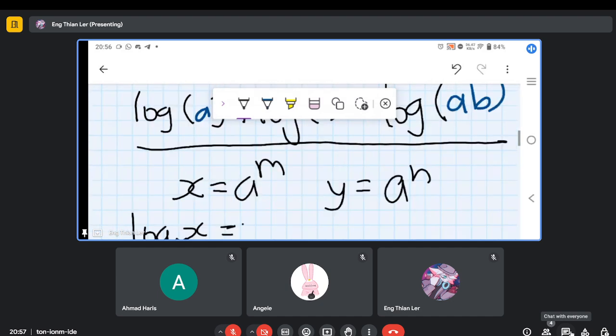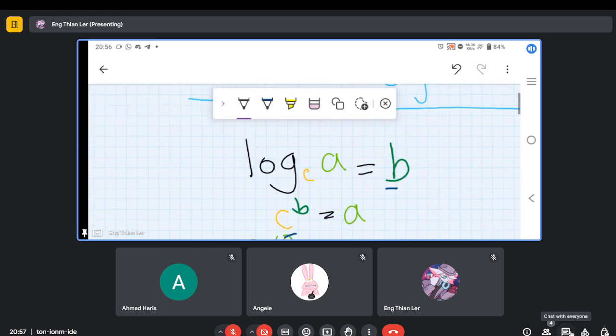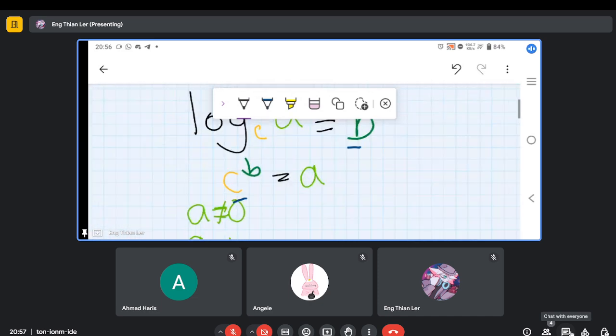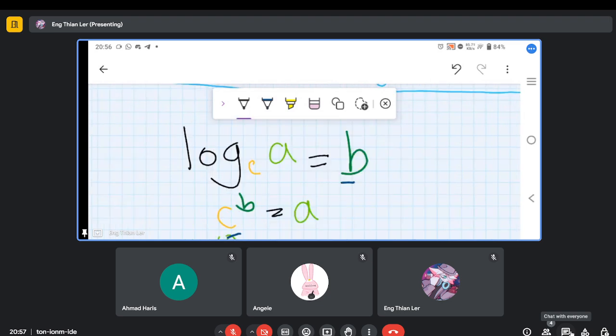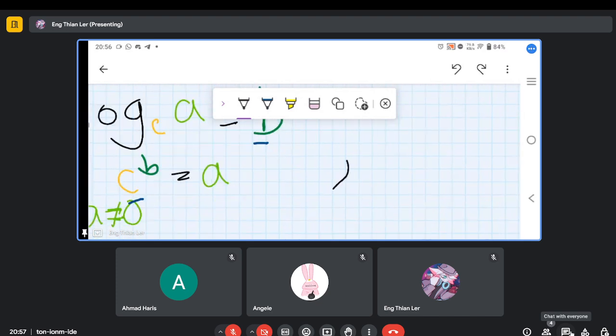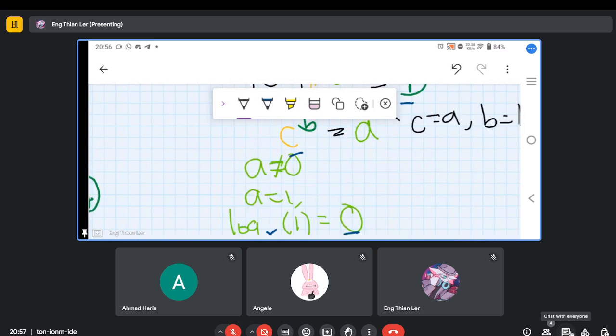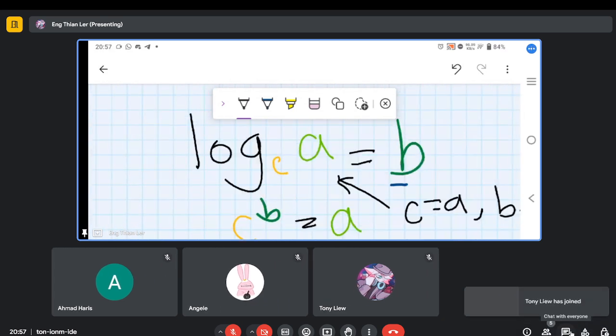Also, there's one more rule I forgot to mention. It's a very important rule. If C is equal to a, then b is 1. It doesn't matter. Log 5 base 5 is 1, log 10 base 10 is 1, log 2 base 2 is 1.